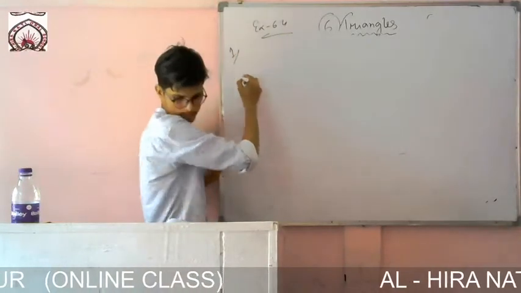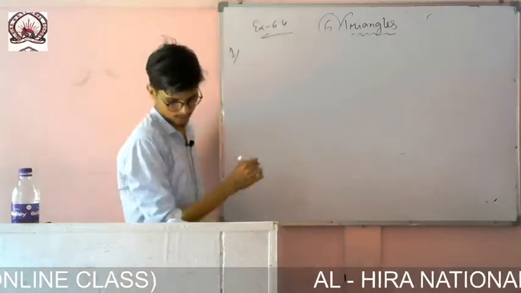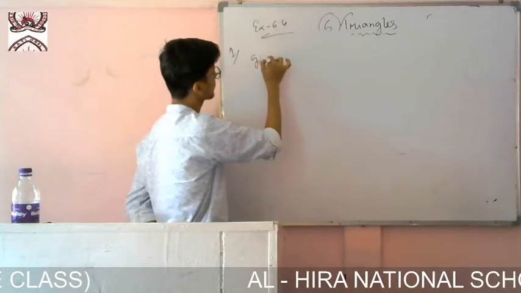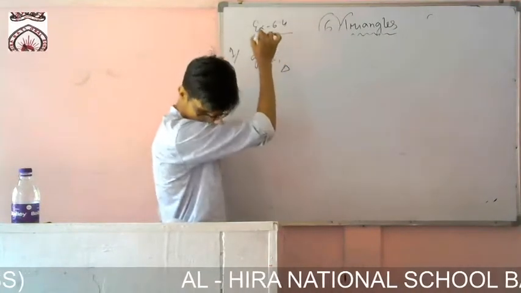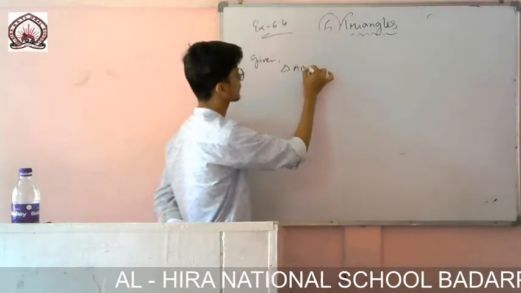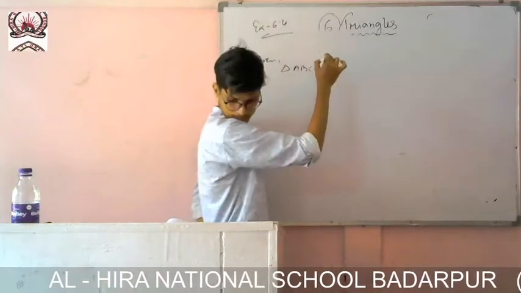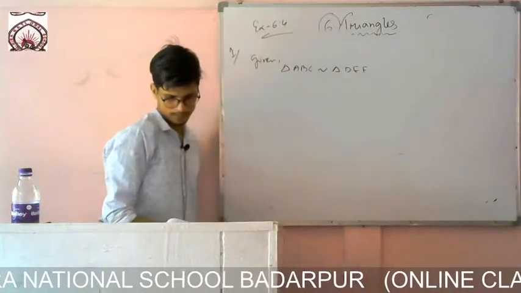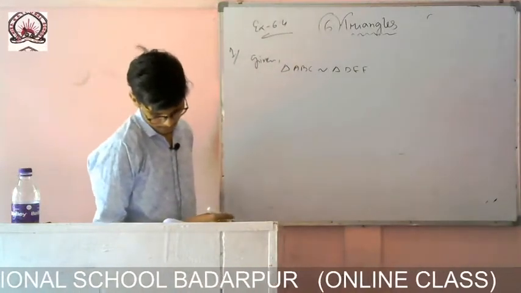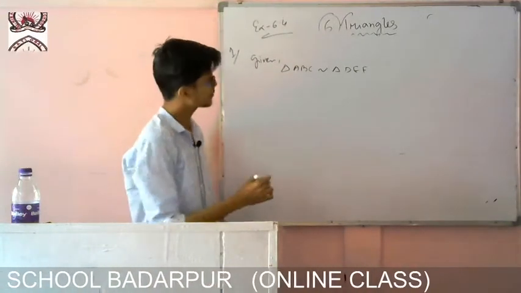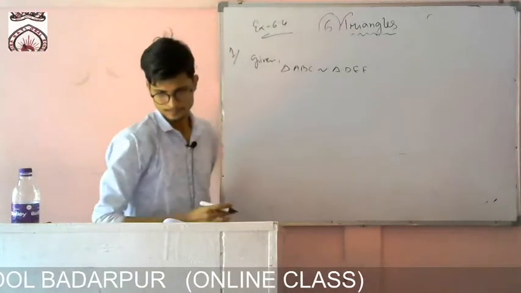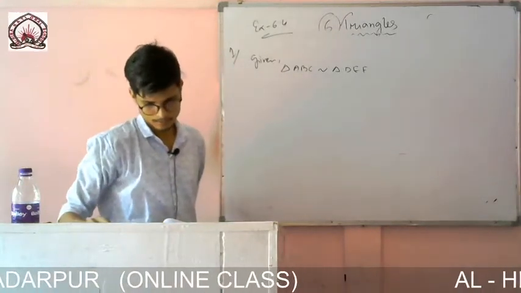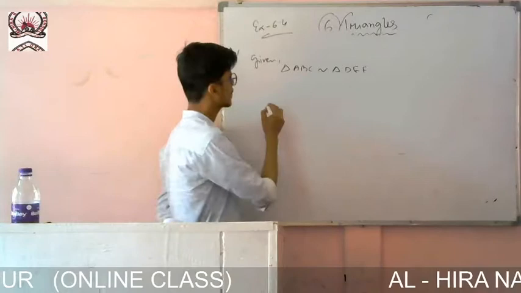Question number 1. Since these two triangles are given similar, triangle ABC is similar to triangle DEF, and the areas of these two triangles are also given. So what do we know? We know the formula.